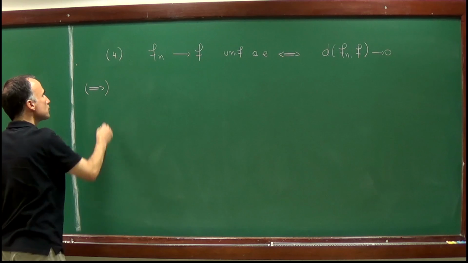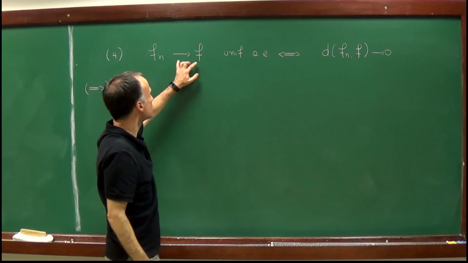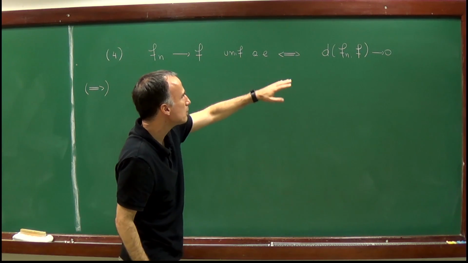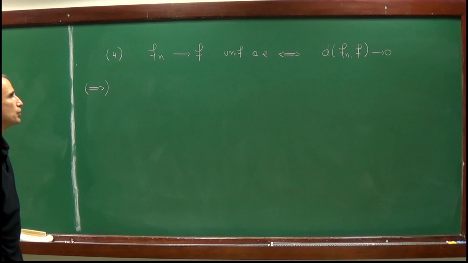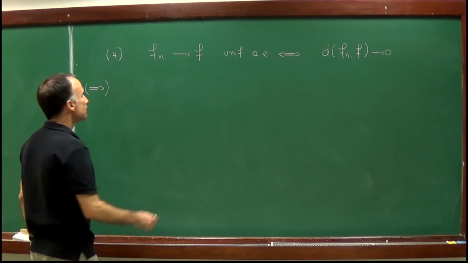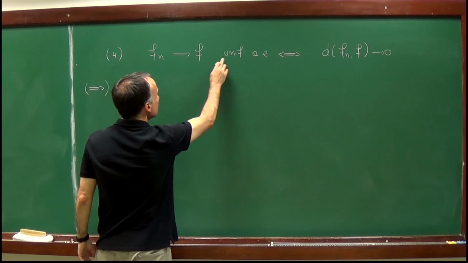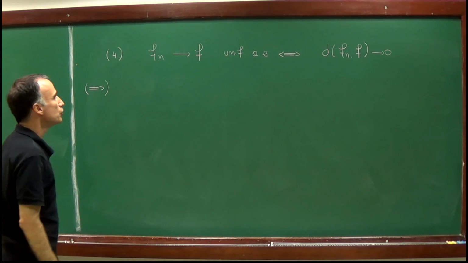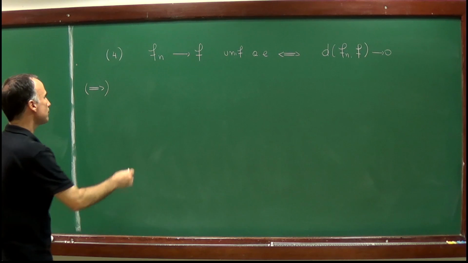So let's first prove that if you have a sequence converging uniformly almost everywhere, then the distance goes to 0. Well, that's very easy. Remember what we understand by uniform almost everywhere.